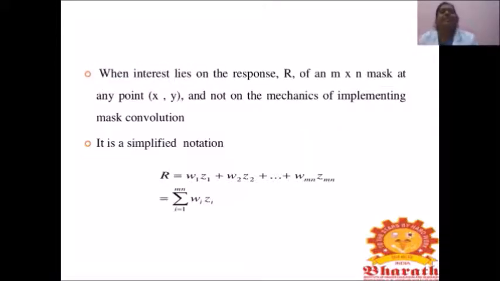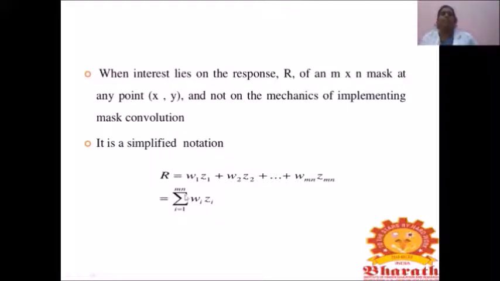When interest lies in the response R of an m by n mask at any point (x,y), and not in the mechanism of implementing mask convolution, the simplified notation of the mask operation is R = w1 z1 + w2 z2 + and so on up to wmn zmn. Here w is the mask and z represents the image values.